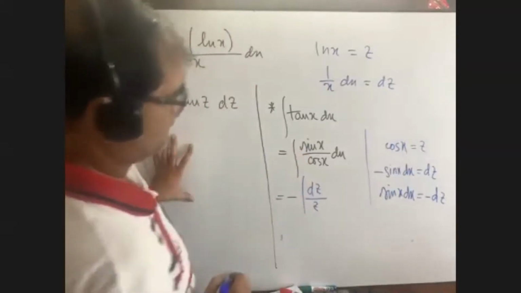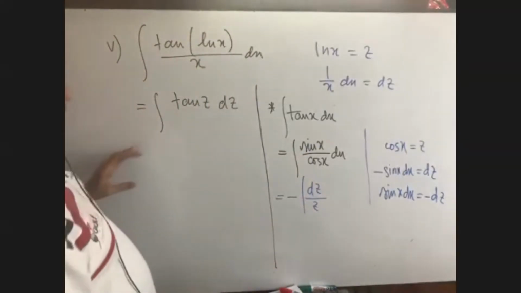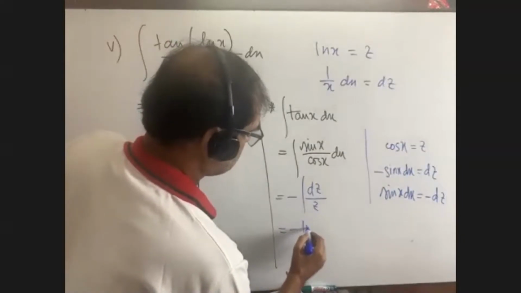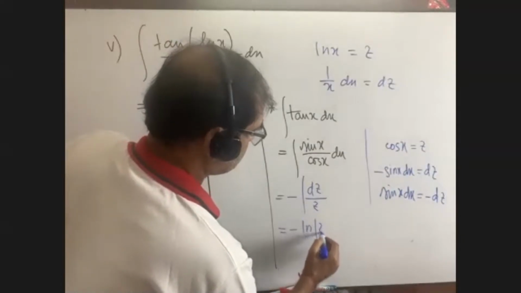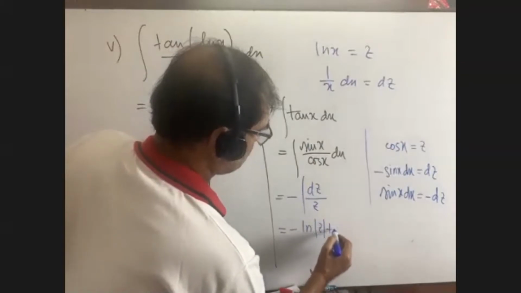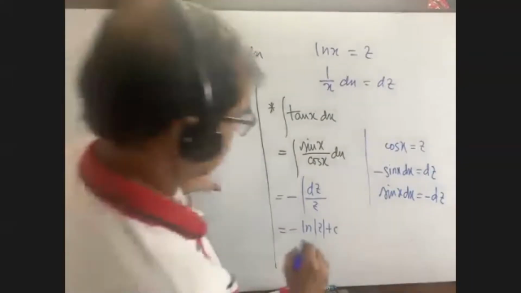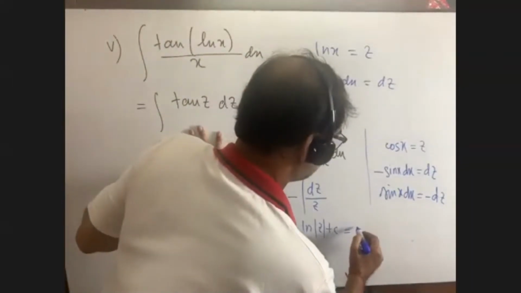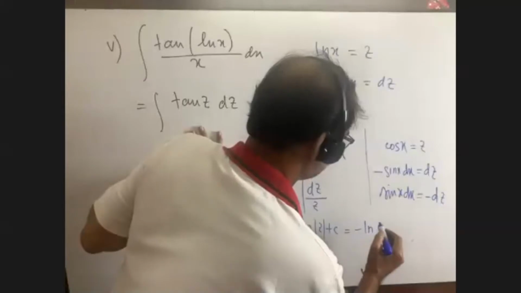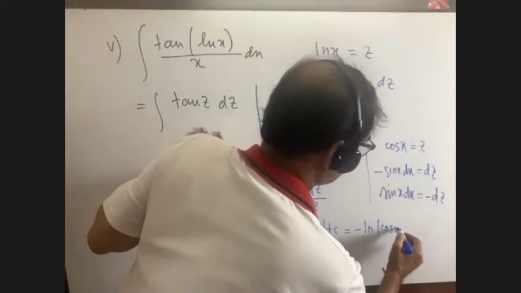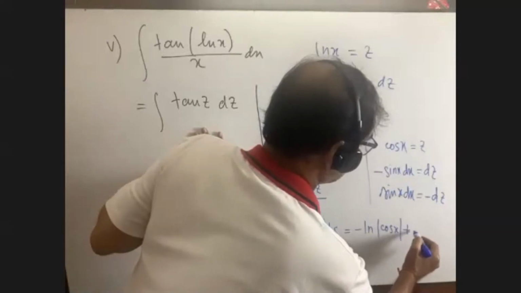Now what is the formula? 1 by z equals ln z. So minus ln z plus c. Now what is the value of z? Minus ln cos x plus c.